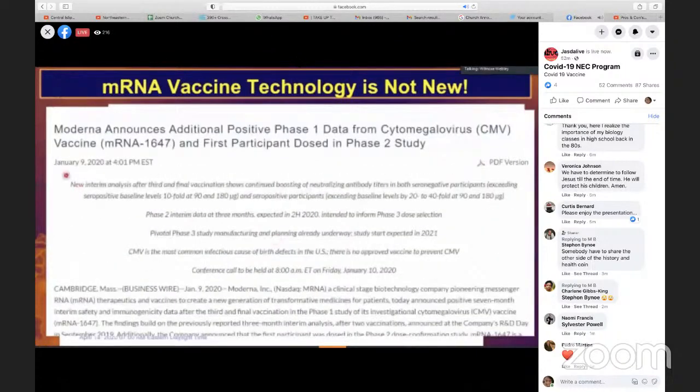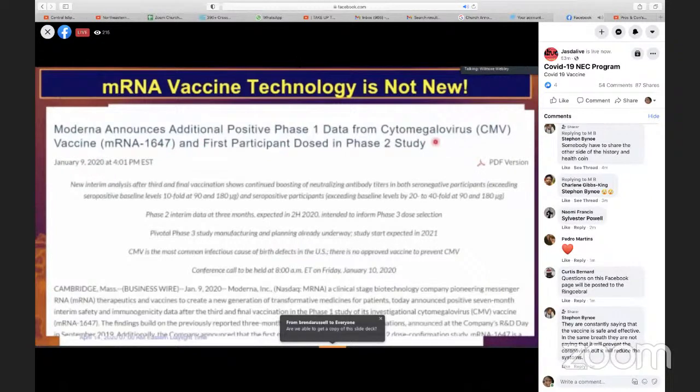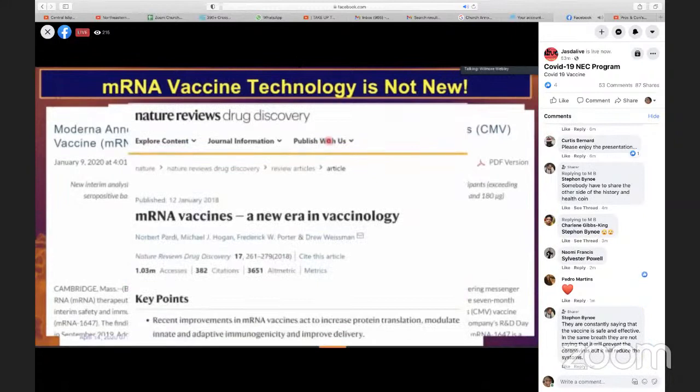Here is another paper, January 9th of 2020. At that time, the sequence had just come out. They're putting out a news release here that they're trying to make a cytomegalovirus vaccine, and they're in phase 1 trial. In other words, they're already in humans trying to make a vaccine against this. And I could go on and on.